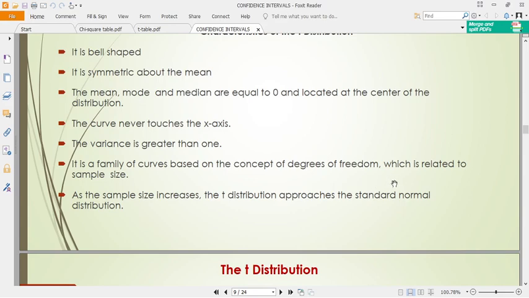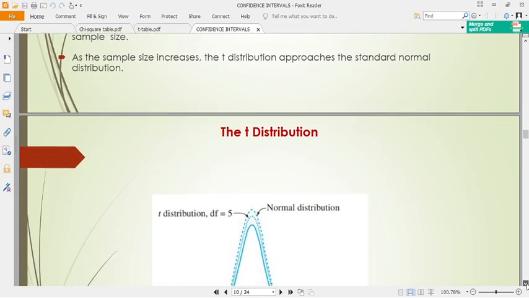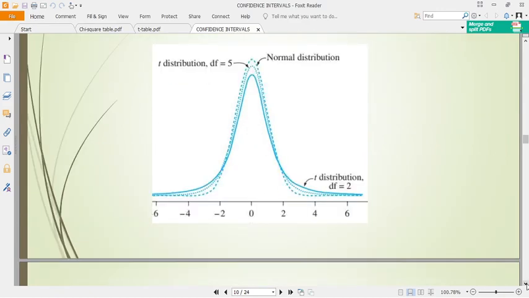For example, if our sample size is 29, degrees of freedom are those values that are at liberty to vary. So if I have 29 elements, only 28 will be free to vary. So therefore, the degrees of freedom are sample size, or n minus 1. So this is how a t-distribution looks like.